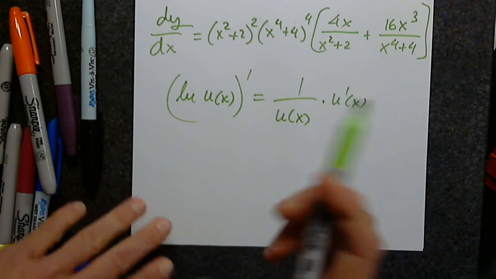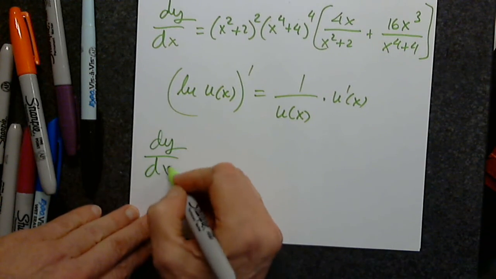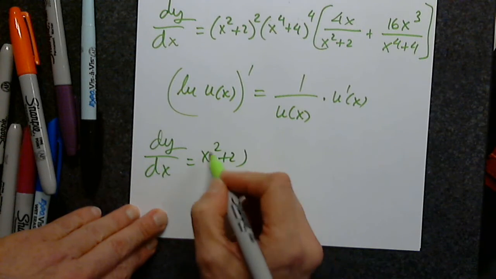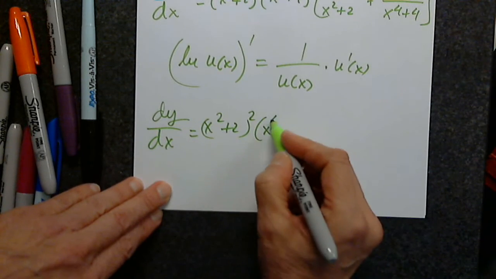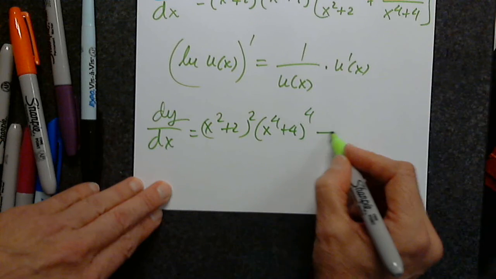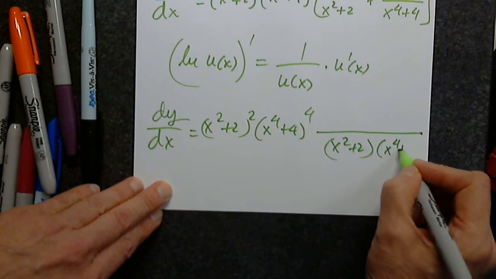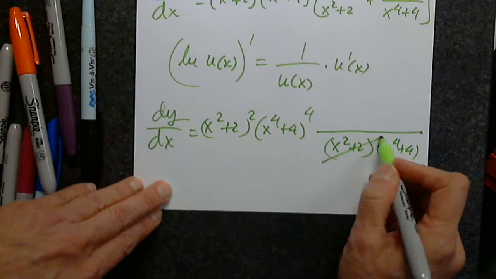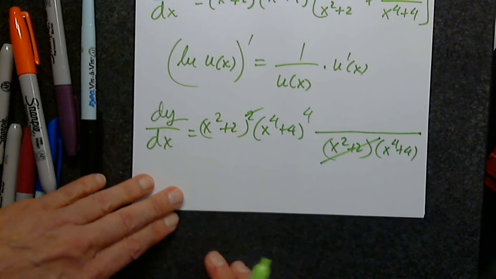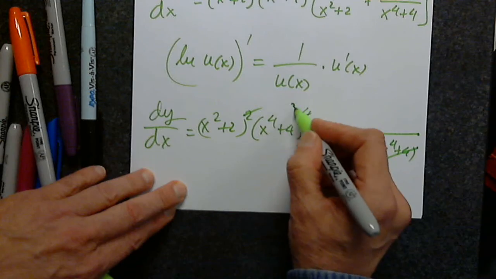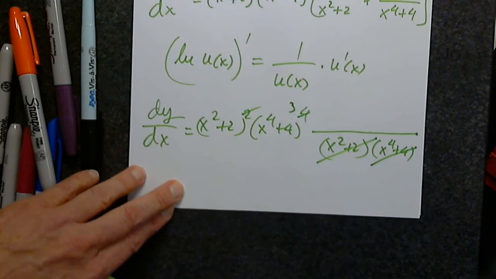So dy over dx equals x squared plus 2 squared, x to the 4th plus 4 to the 4th. The least common denominator is x squared plus 2 and x to the 4th plus 4. And as you see, 1 will go away from here. I'm jumping ahead again, and I keep an eye on what I'm writing.